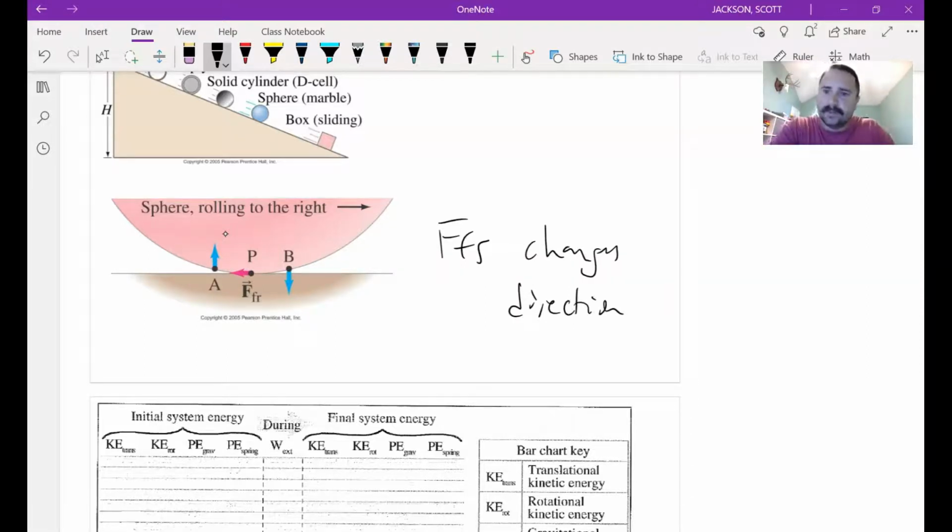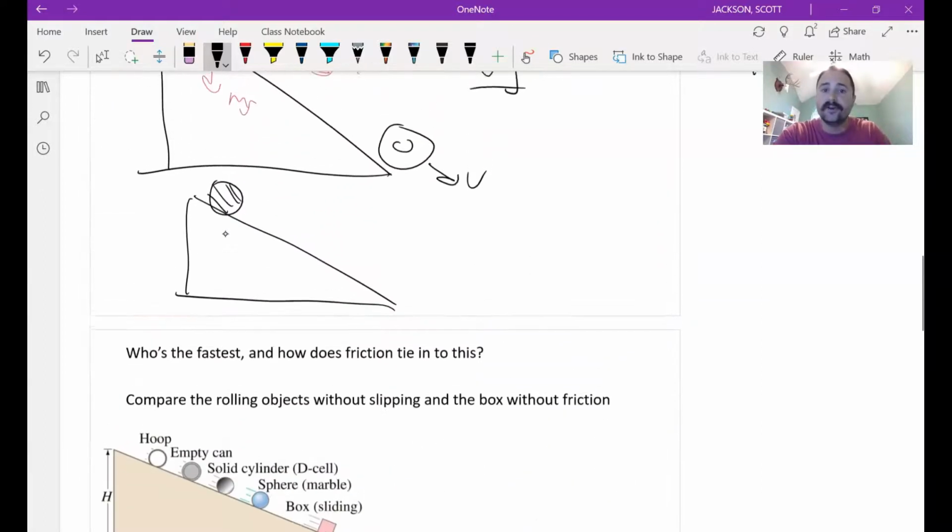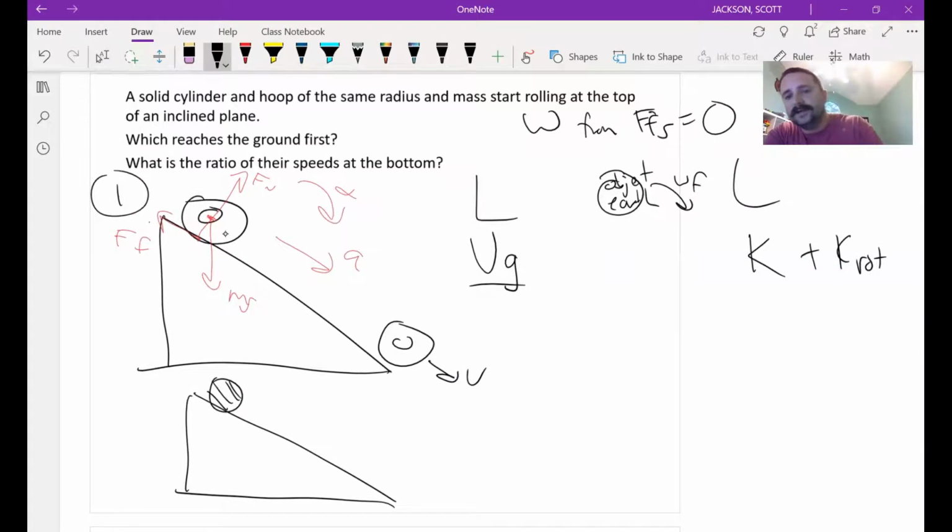This is not speeding it up or slowing it down. Okay? All it's doing is causing this rotation, so it's not actually changing our energy, it's just changing type. So by this happening here, it's not taking energy out of the system, it's taking energy that was gravitational potential, and it's turning that into rotational kinetic energy. So energy is still conserved in this situation. No energy is being added or removed from that system.